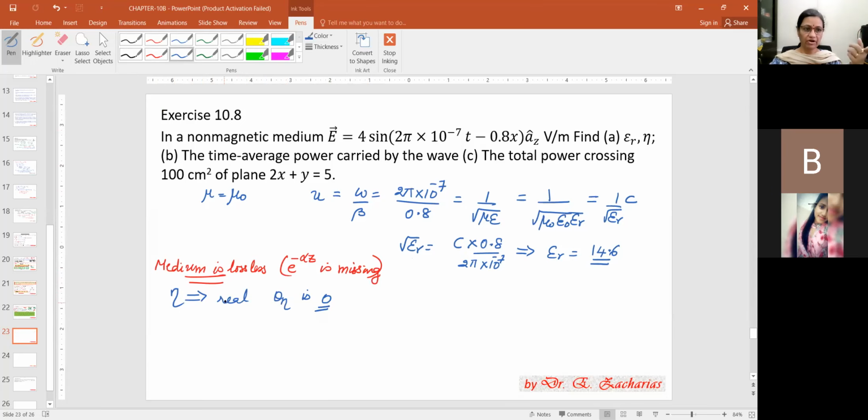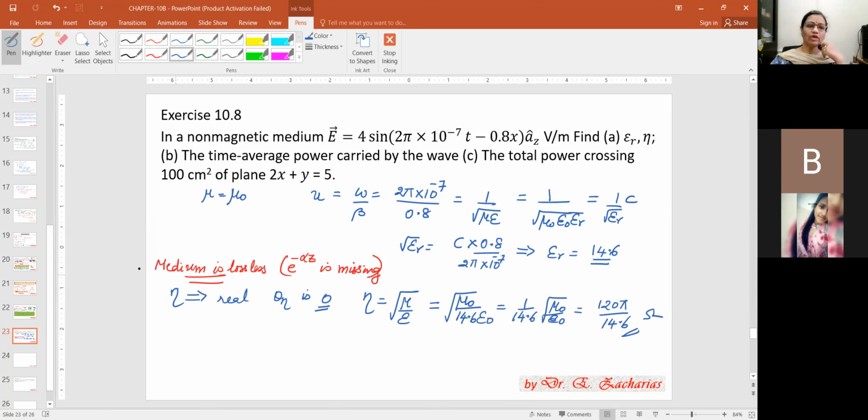And for a medium like this, you know that eta equal to under root of mu by epsilon. Which will be under root of mu naught by epsilon r epsilon naught, or 14.6 into epsilon naught, which is 1 by 14.6 into under root of mu naught by epsilon naught. You know the value for this. It is 120 pi. So it is 120 pi divided by 14.6. So that's your eta. Okay, so you have finished the part A of the numerical.